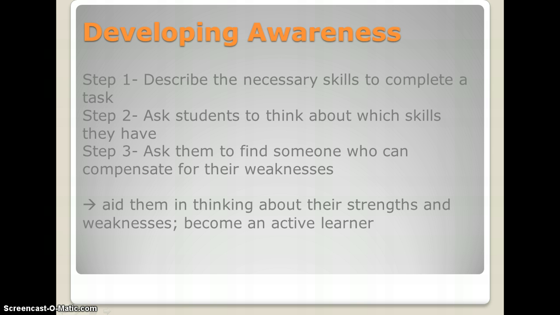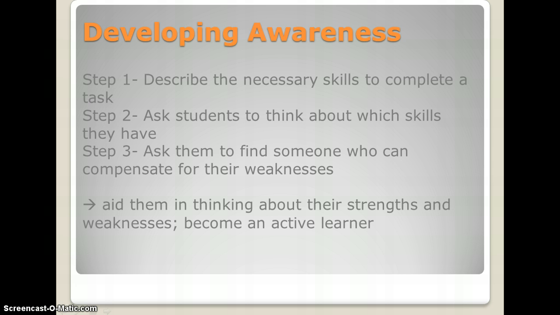The last element, developing awareness. The following are the steps that can help students in developing their own skills. Step 1, we can describe the necessary skills to complete the task to them. And then we can ask students to think about which skills they have.